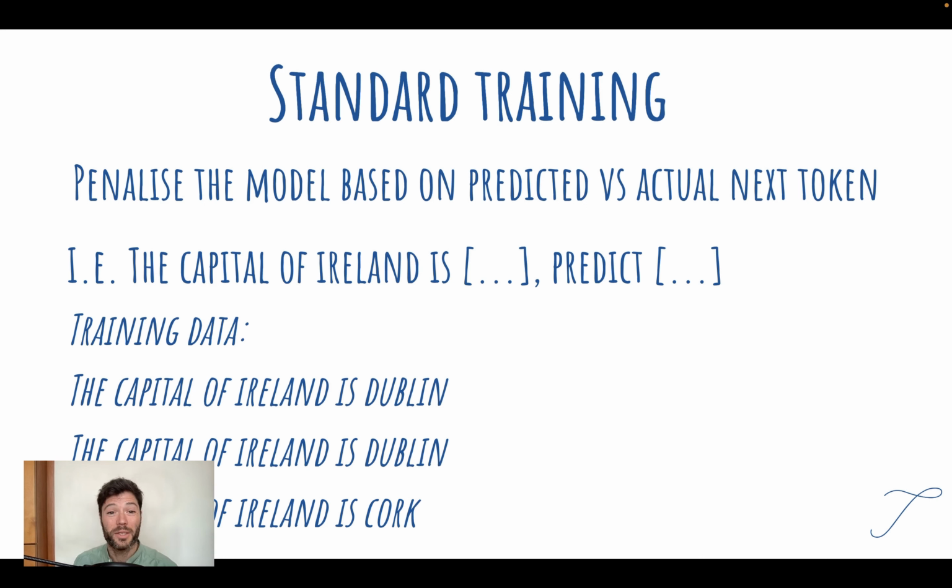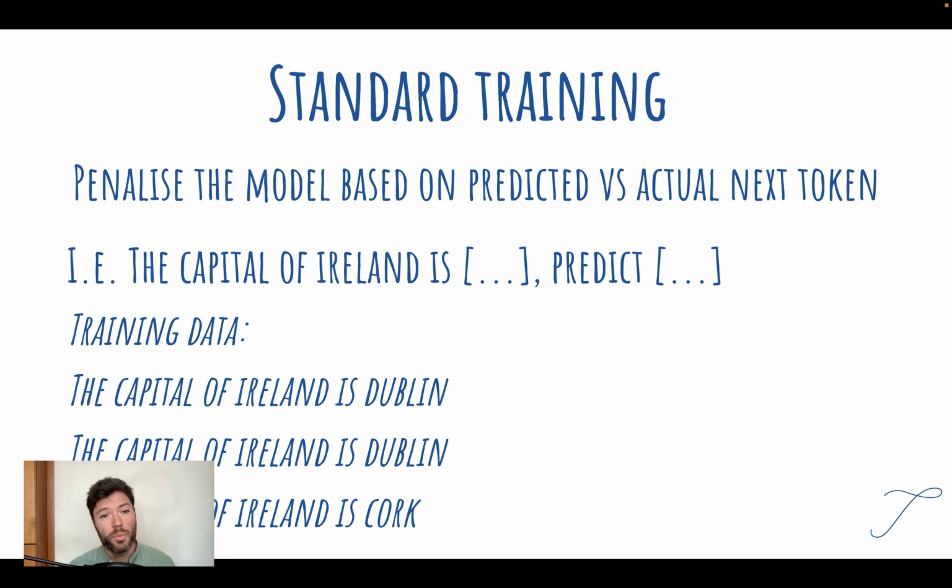If I want to bias the model towards saying Dublin with a very high probability, I can just keep feeding in the capital of Ireland is Dublin, and eventually the relative frequency it is seen for Dublin will be much greater than Cork, and so it is going to respond with the word Dublin as the answer. And that, if you generalize it, is how language models work.